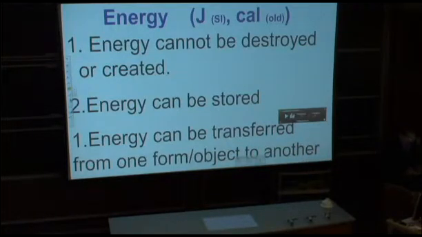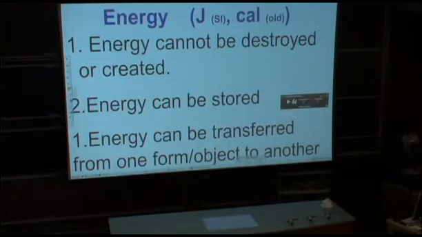It cannot be destroyed or created. Well, one exception, we don't know what happened before the Big Bang. The Big Bang did happen. And after that, we believe the amount of energy in the whole universe stays the same. Where did it come from? We don't know.